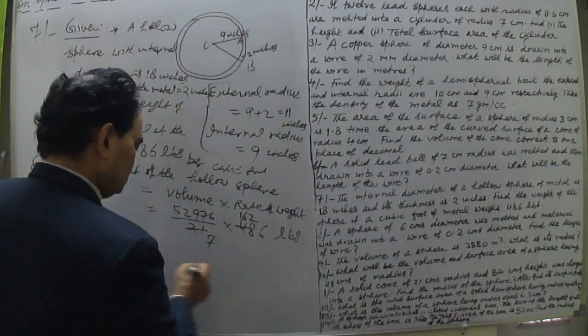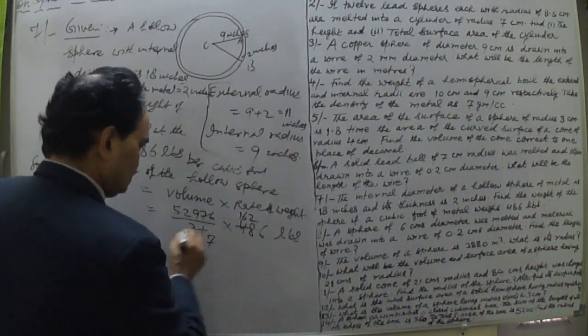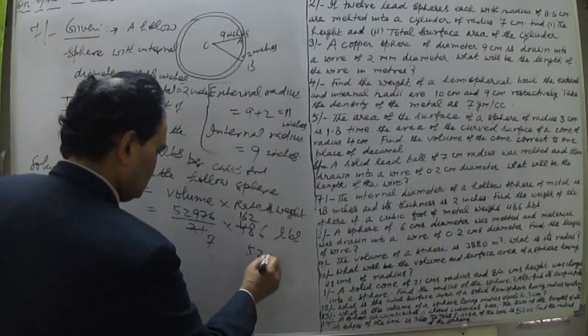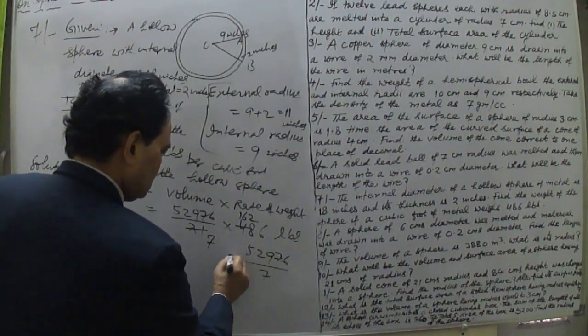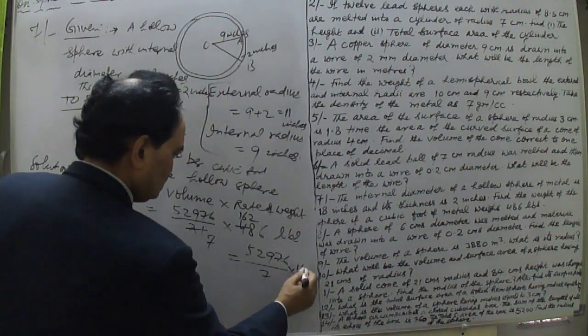So this is just multiplied by 162, and this is 52976. Let me first divide it by 7, and then we will multiply it by 162. That will be better.